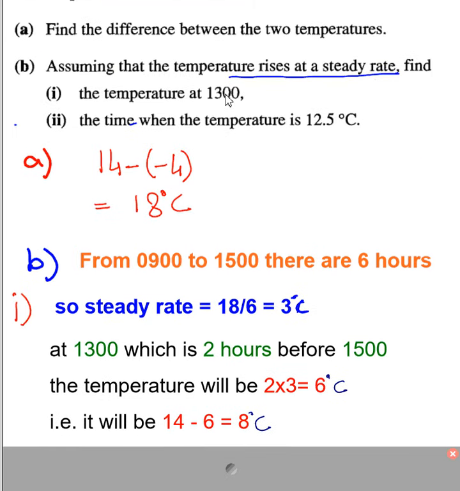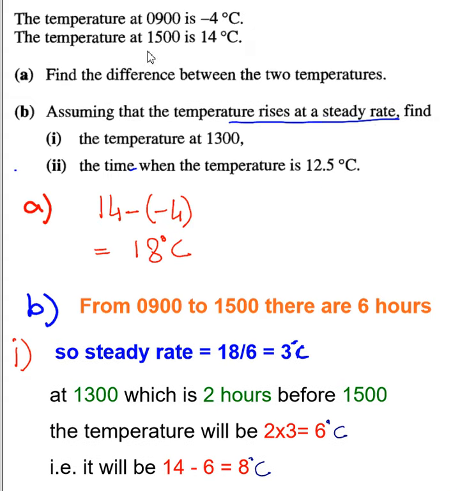At 1300, sorry. Right. Now the next part of the question is, what was the time when the temperature was 12.5 degrees centigrade? Now the information we have is of 1500, I mean 3 o'clock or 1500 hour, it is 14 degrees centigrade. So what was the time at 12.5 degrees centigrade?